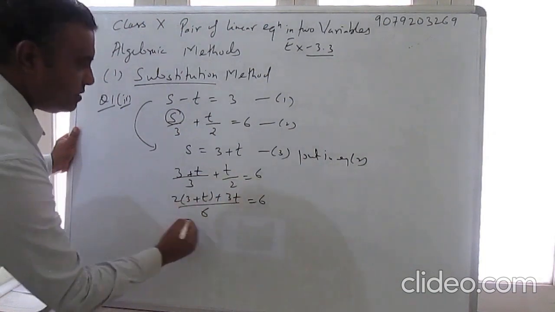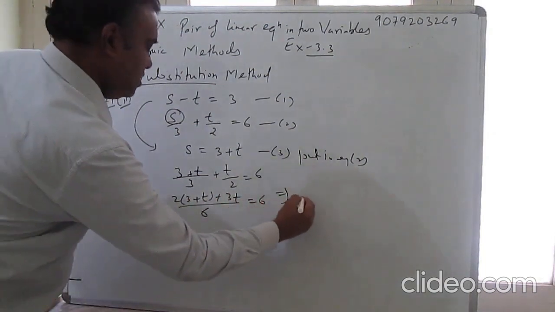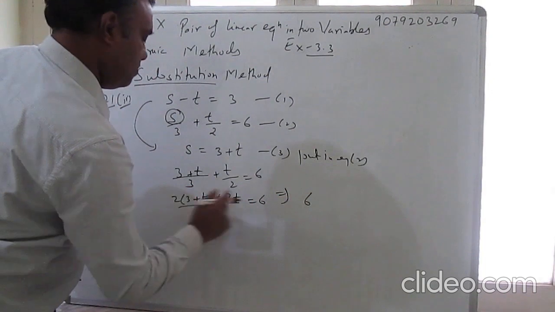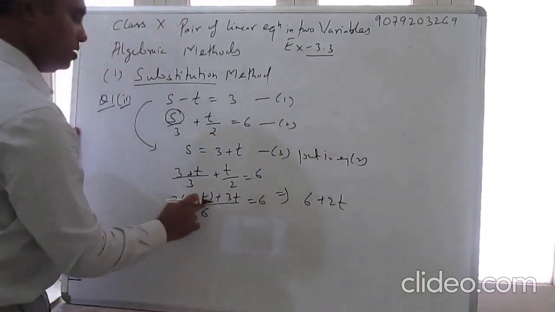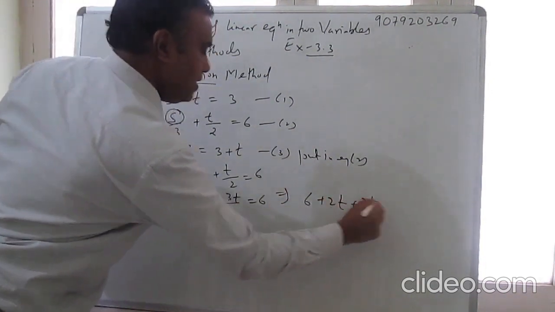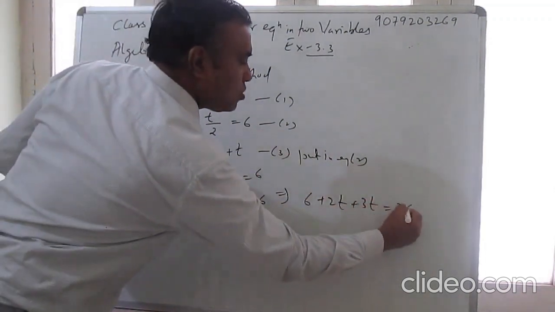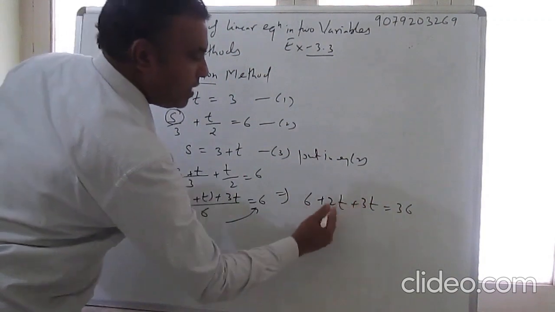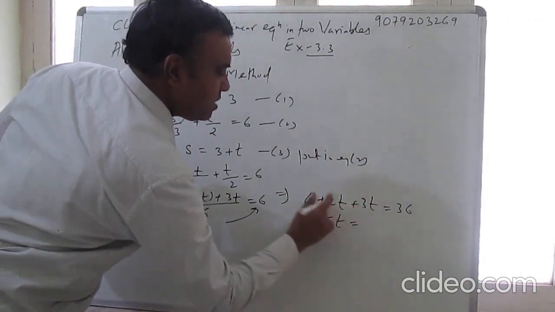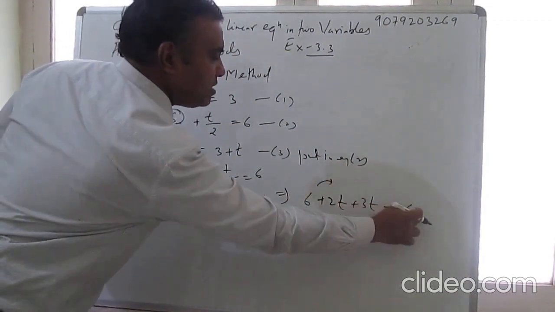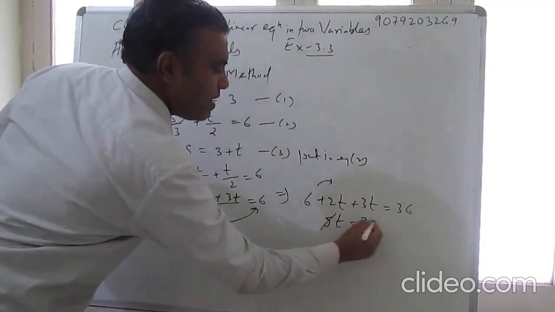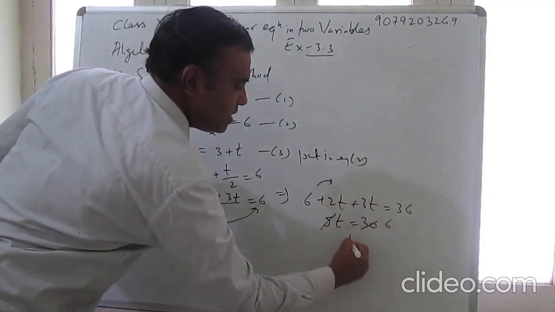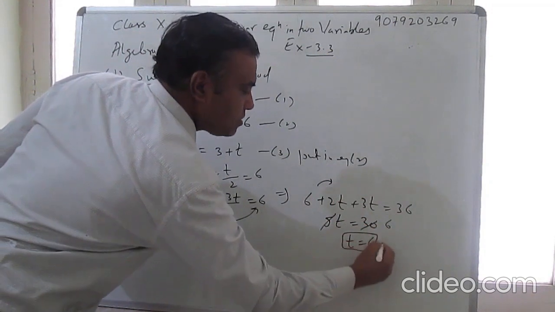Cross multiplication, you will get 6 plus 2t plus 3t is equal to 36. 6 into 6, 36. How many t here? 5t is equal to 36, transposing 6 it becomes minus 6, so 30. 5 will cut 30. t is equal to 6.